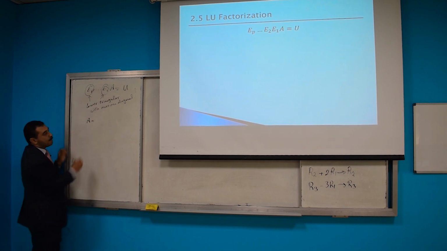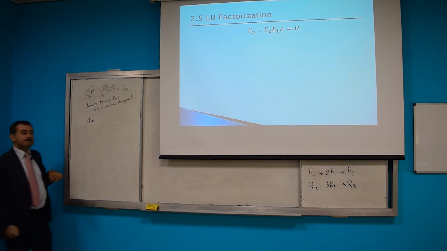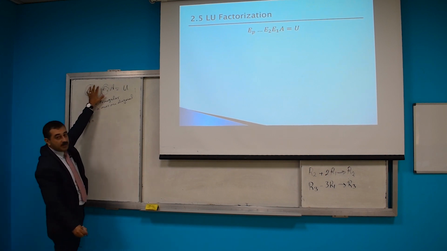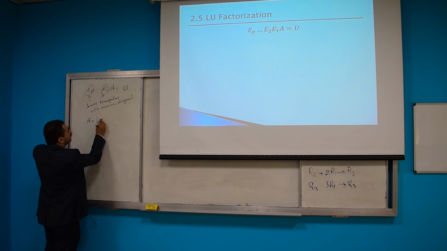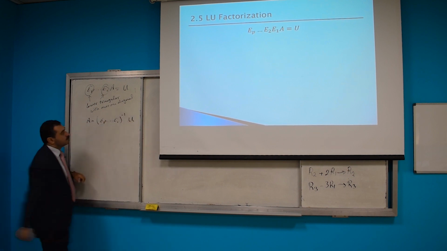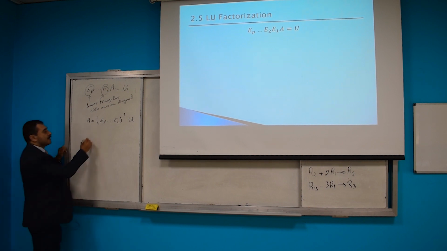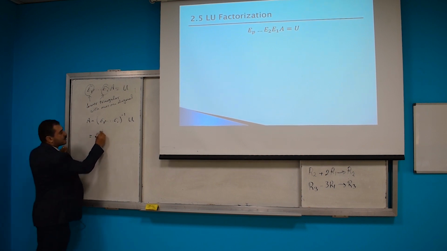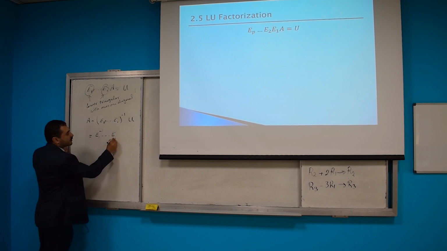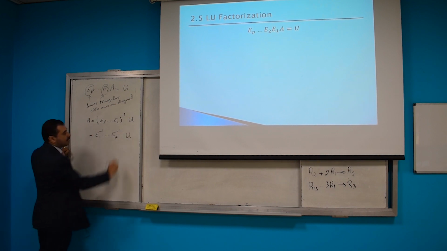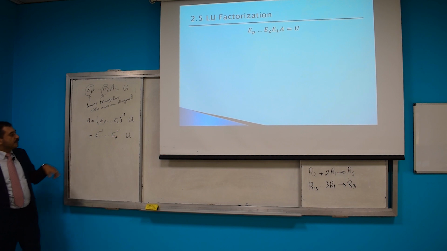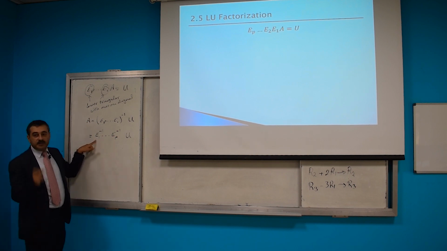What is A? Multiply by the inverse of this guy. And this can be written as the inverse of E1 up to the inverse of EP multiplied by U. The inverse of each of the elementary matrices here is also a lower triangular matrix with ones on the diagonal.